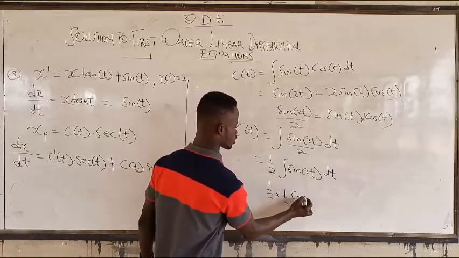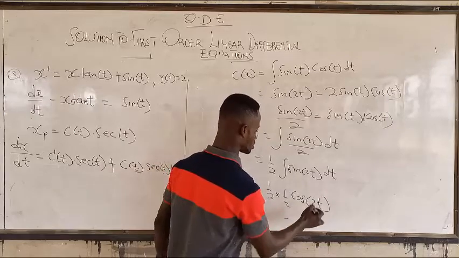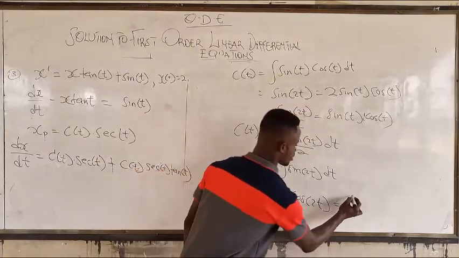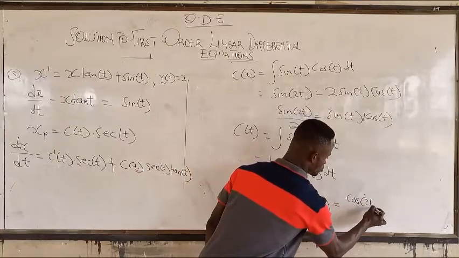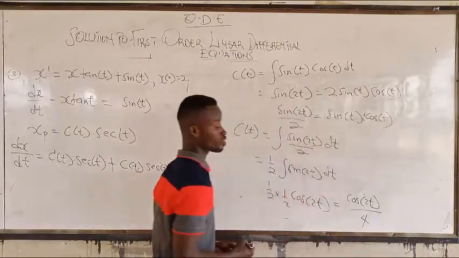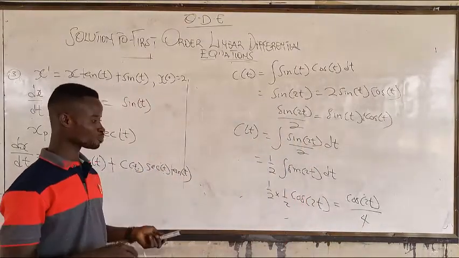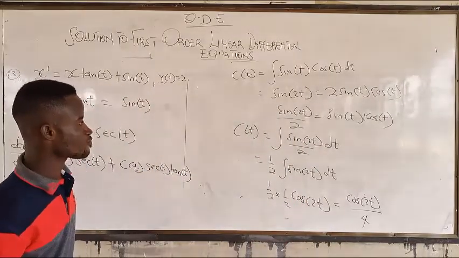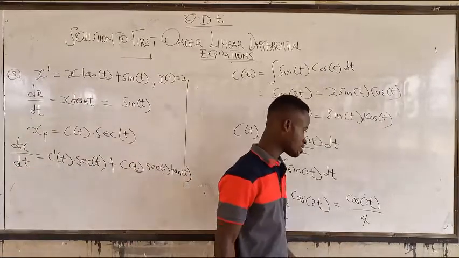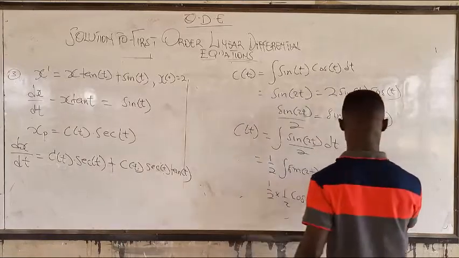Integrate this, you get cos 2t. So you end up by getting minus cos 2t over 4. Very good. So that is that for that. So c of t is therefore this.